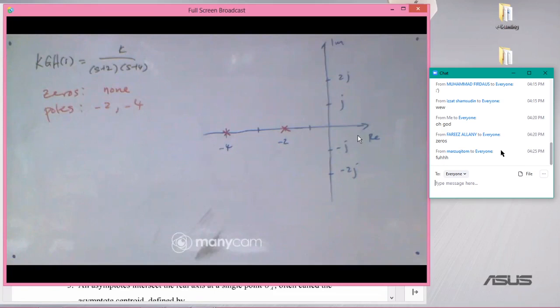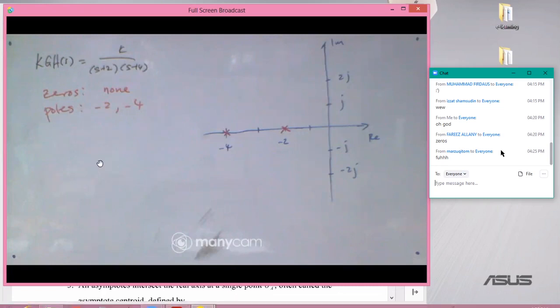So you start from the right. The first pole is the odd-numbered pole, and the second pole is even. So to the left of -2 you're going to have the locus. To the left of -4 you don't have a locus because that count is already even.